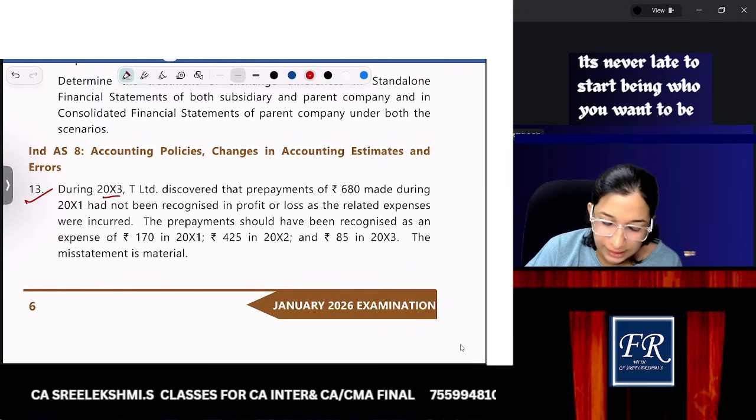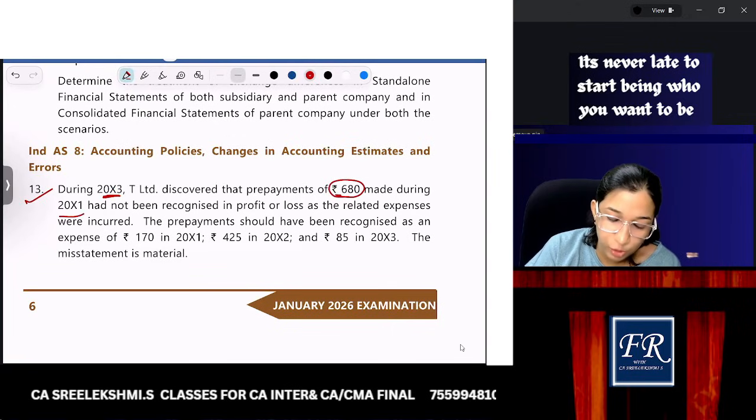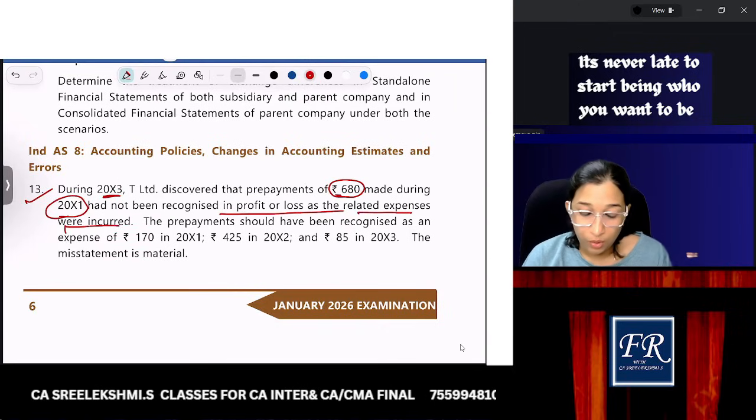During 2013, T Limited discovered that prepayments of 680 made during 2011 had not been recognized in P&L as the related expenses were incurred.